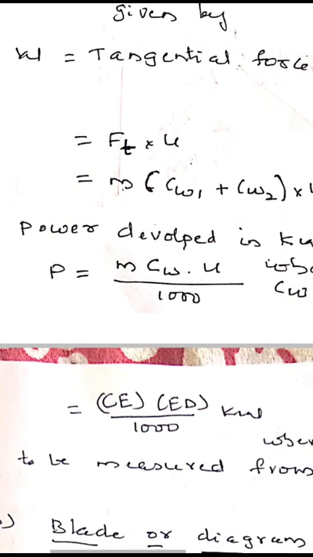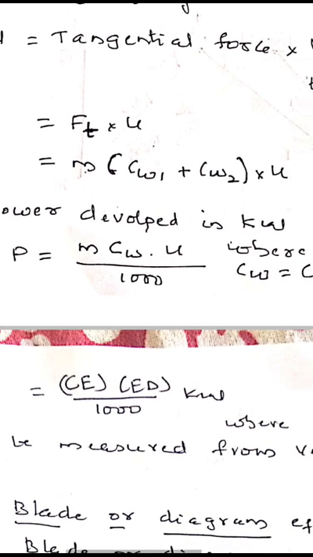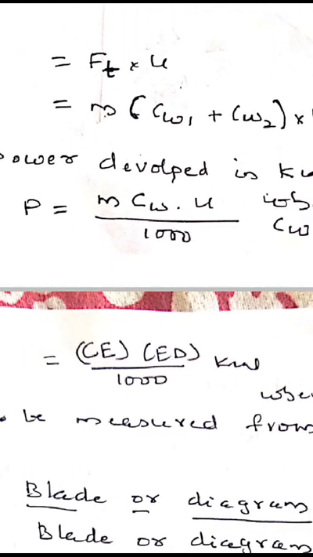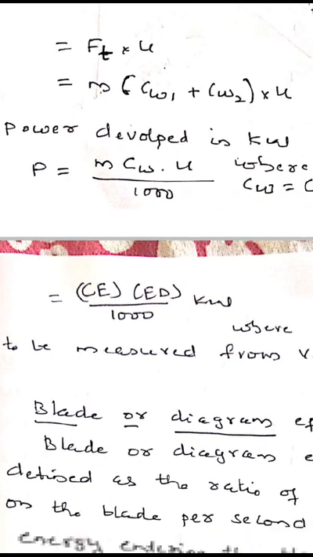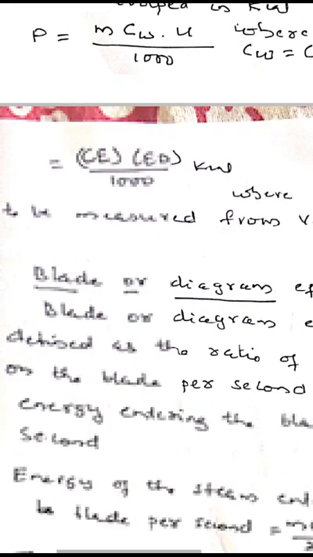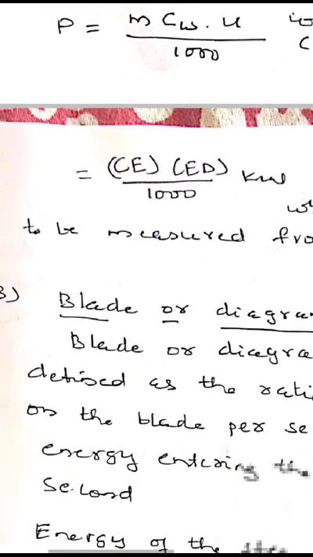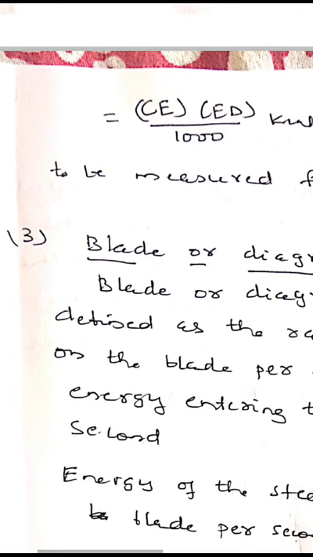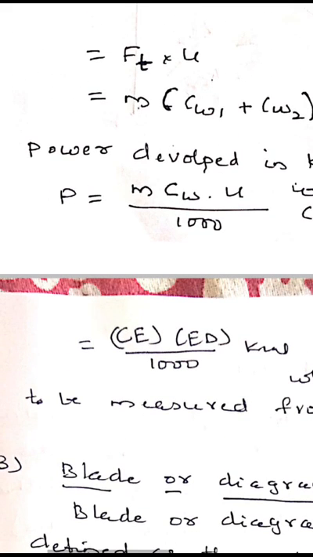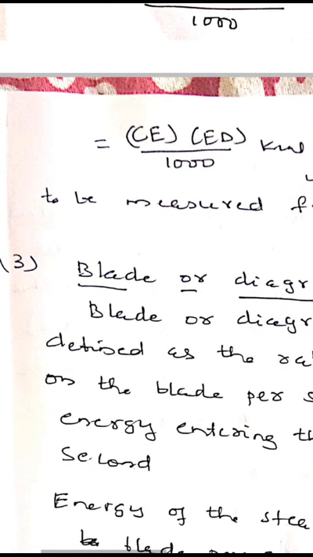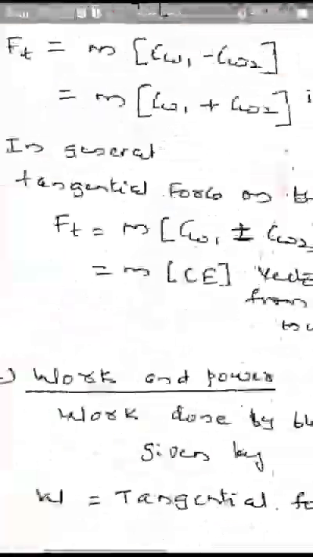This is the work done per second, or power, in watts. If you want it in kilowatts, it is m into Cw into u divided by 1000. In the vector diagram, it is m into CE into ED divided by 1000 kilowatt. So this is about the force and power developed on the blades. Thank you. We'll continue.